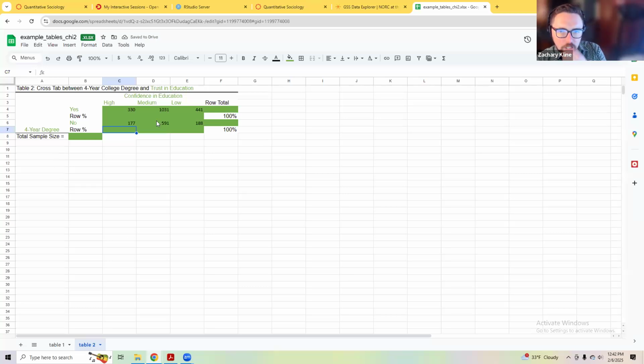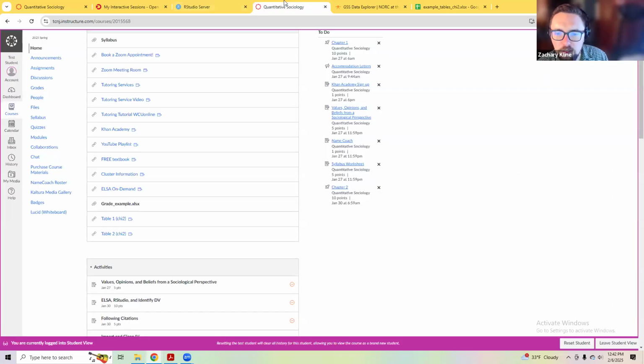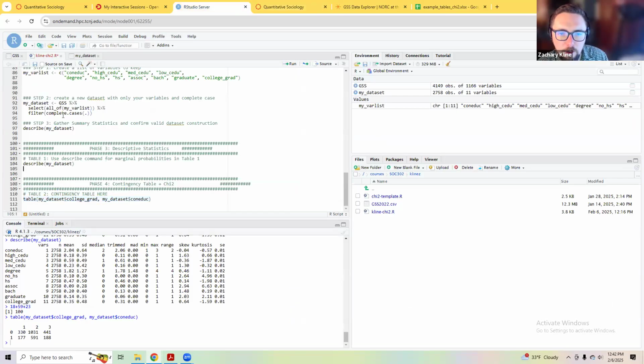Okay, so now we have our table here. So the first thing we're going to fill in is our row total, which is all of those who have yes to a 4-year degree. We've seen this before already with the table we did. We could use the proportion we calculated earlier. We can even just do a base table for each of the variables independently.